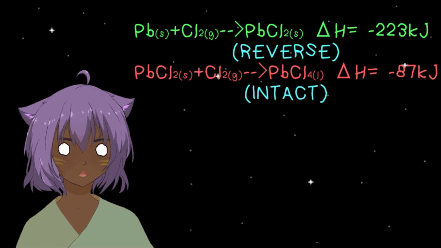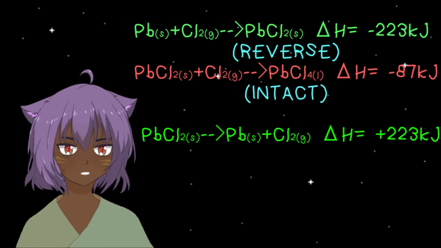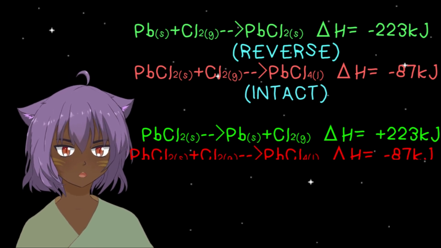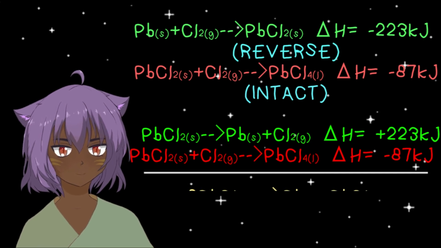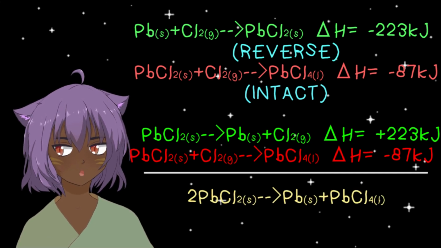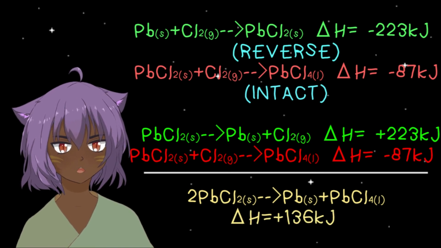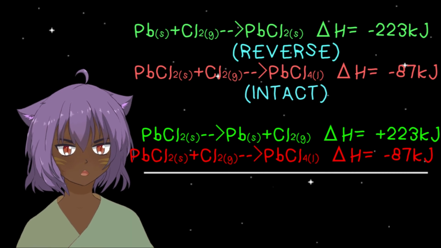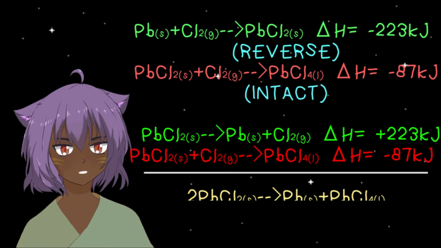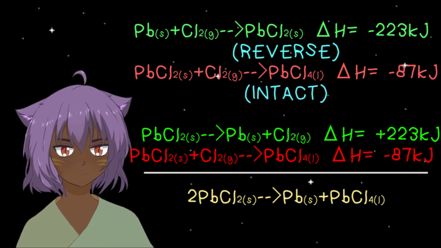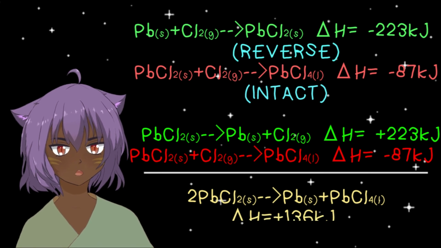And now, let's proceed to the solving. As you can see, the first equation must be reversed so that we will have 2PbCl2 solid on the reactant side. And the sign of the first equation will be reversed as well, so it will be positive 223 kilojoules. As we stated at the beginning, there is Cl2 gas on the first equation's product side, while there is Cl2 gas on the second equation's reactant side.